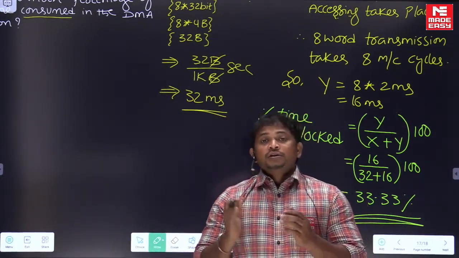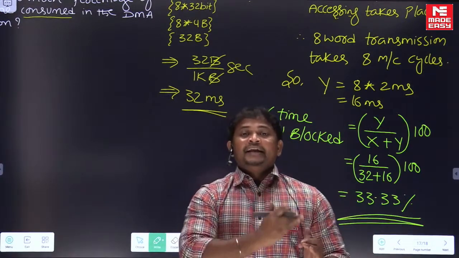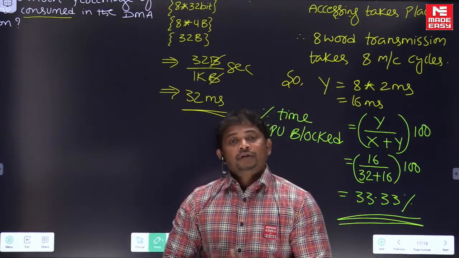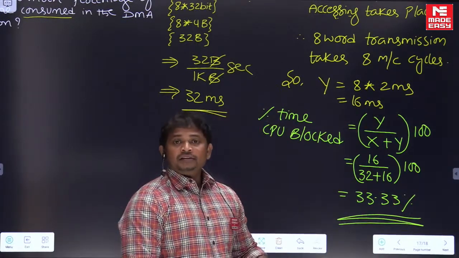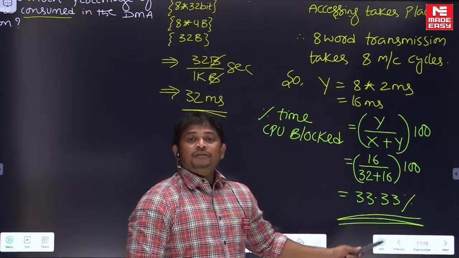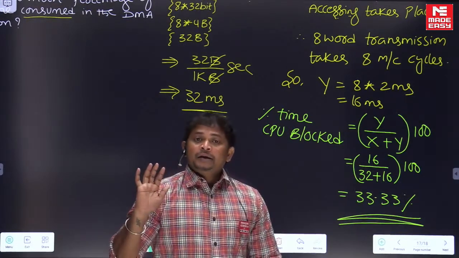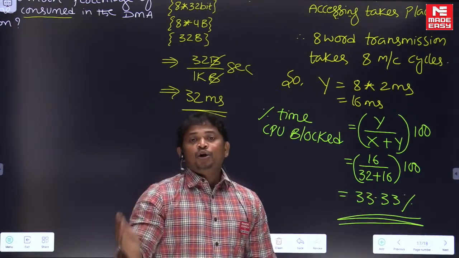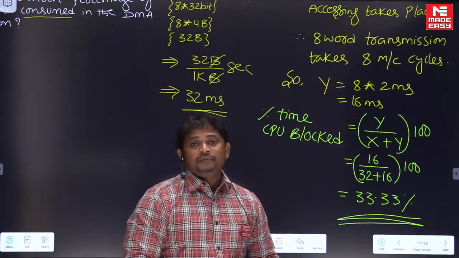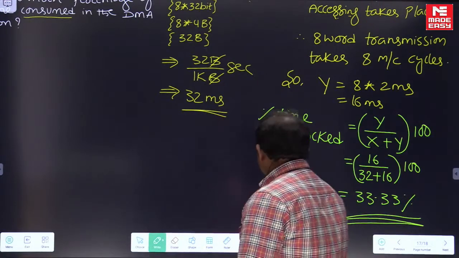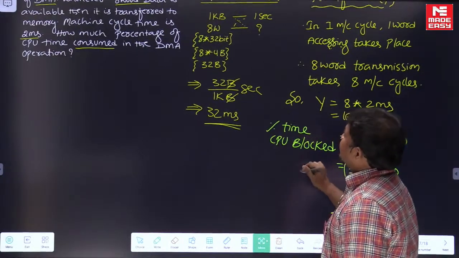The CPU is blocked while the DMA is transferring the data. This much percentage of time the CPU will be blocked in the DMA operation, and the remaining time the CPU is busy with other programs. This is the way of solving DMA related questions.